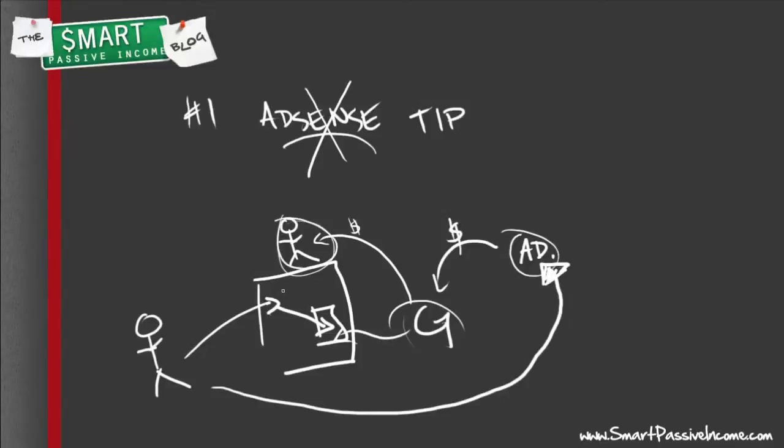So exactly what you should do is figure out who this advertiser is, and you can see it on your website. Look on your website, see who's advertising on your website, and contact that advertiser directly. Maybe you're scared of doing business online and contacting people directly, but hey, if you want to make real money online, you're going to have to do things that you might be uncomfortable with at first.